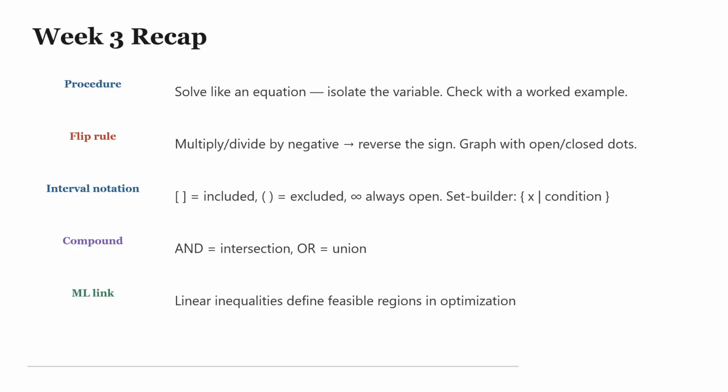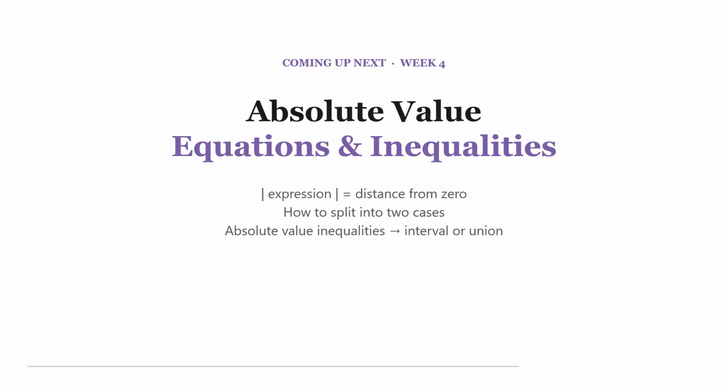Next week we take on absolute value equations and inequalities. Next week wraps absolute value mechanics around equations and inequalities. You will learn the structural difference between absolute value of x less than or equal to k, 1 bounded interval, an and intersection, and absolute value of x greater than or equal to k, 2 unbounded rays, an or union.